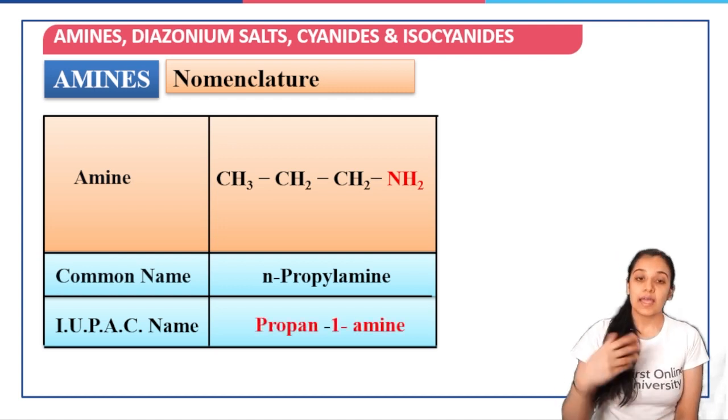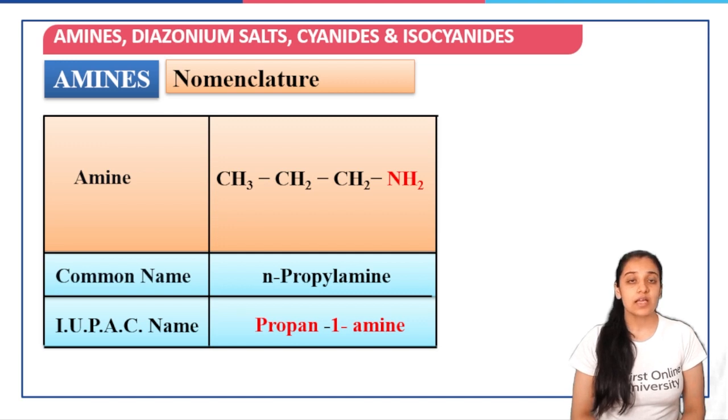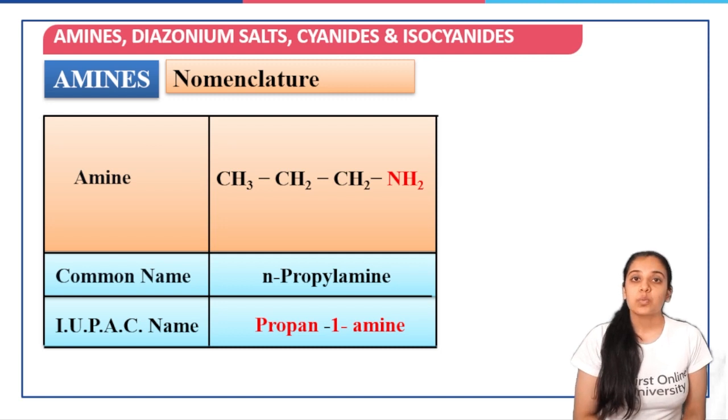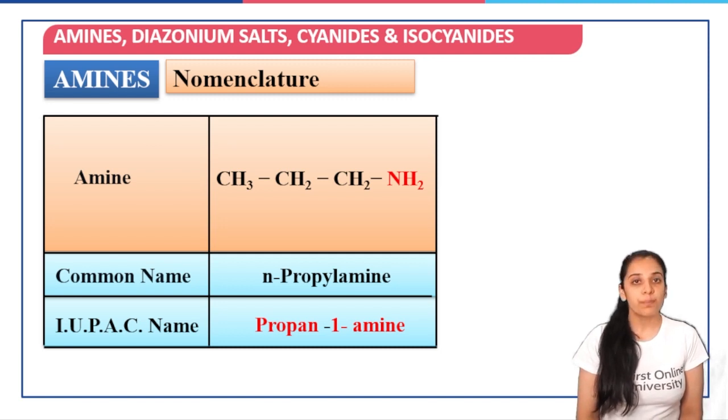Again, in the case of propanamine, since the NH2 group can be present at the first or the second position, it is important that we specify at which position the NH2 group is present. Therefore, you will not just call it propanamine, but you will call it propane-1-amine.